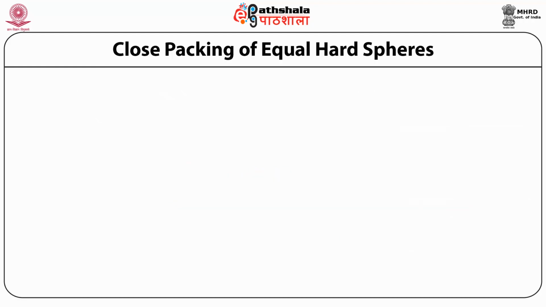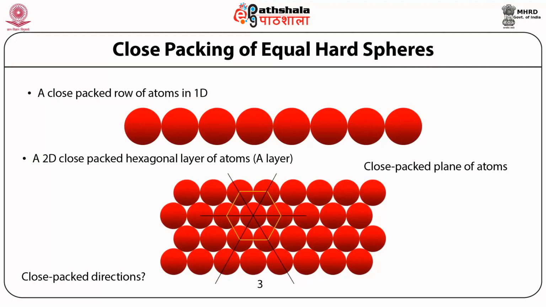Now discussing the close packing of equal hard spheres in three-dimensional packing. Students, you can see that in close packing, two possibilities are there. Either it can be hexagonal close pack, that is HCP, or the second is cubic close pack, that is CCP.